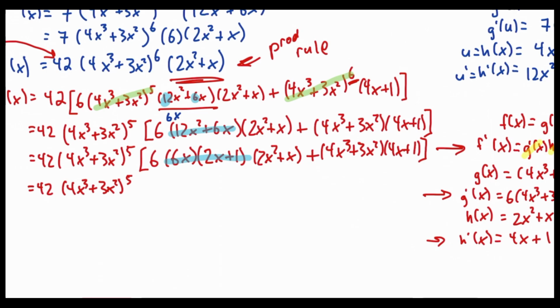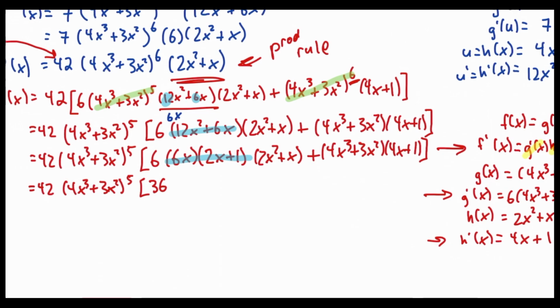So I'm going to have 6 times 6x is going to give me 36. Oh, and I'm going to go back to the previous step, just so I don't run out of room here. I'm also going to factor an x out of here. So I'm going to rewrite that for a moment.